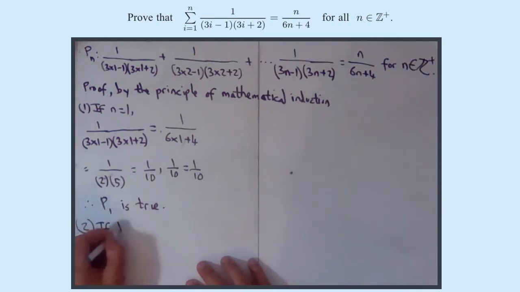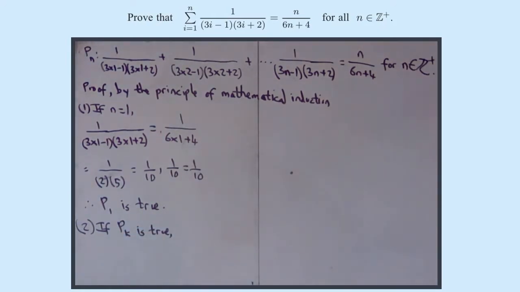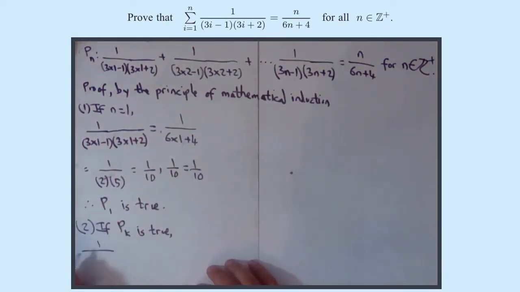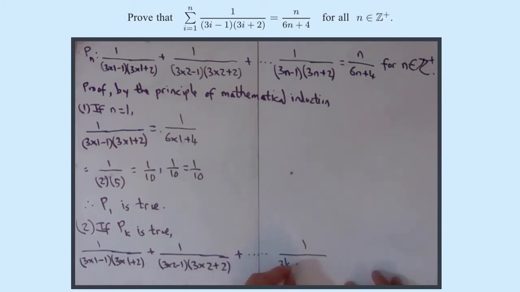So if proposition K is true, then that would mean that this expression here, but with a K, so 1 over 3 times 1 minus 1, 3 times 1 plus 2, plus 1 over 3 times 2 minus 1, 3 times 2 plus 2, so that's when n equals 1, 2, plus dot dot dot, all the way up to 1 over 3k minus 1, 3k plus 2.